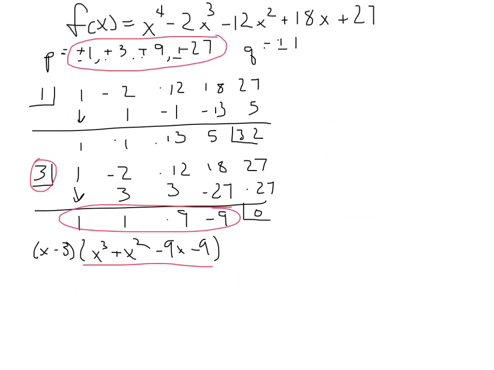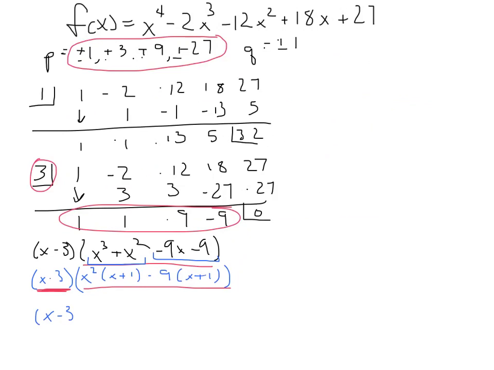I'll look and I'll say, okay, in this group my GCF is x squared times x plus 1. And in this group my GCF is negative 9 times x plus 1. So I'll have the first step in factoring by grouping here. Now this x minus 3 piece out here we can sort of ignore and just treat this as its own factoring problem, but make sure that x minus 3 comes along for the ride at every step.